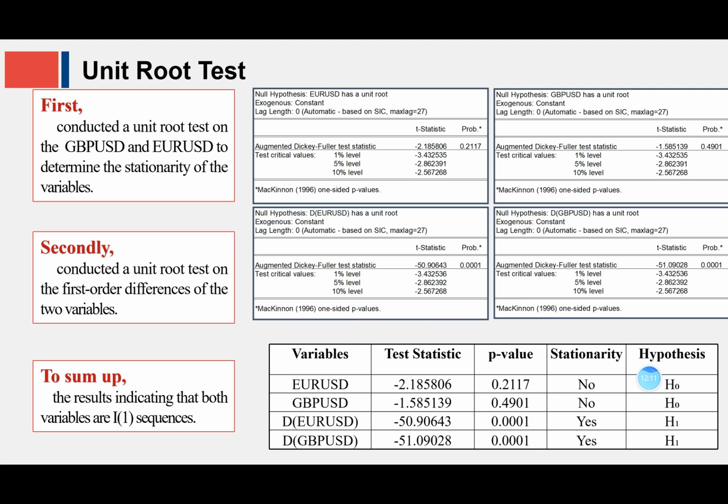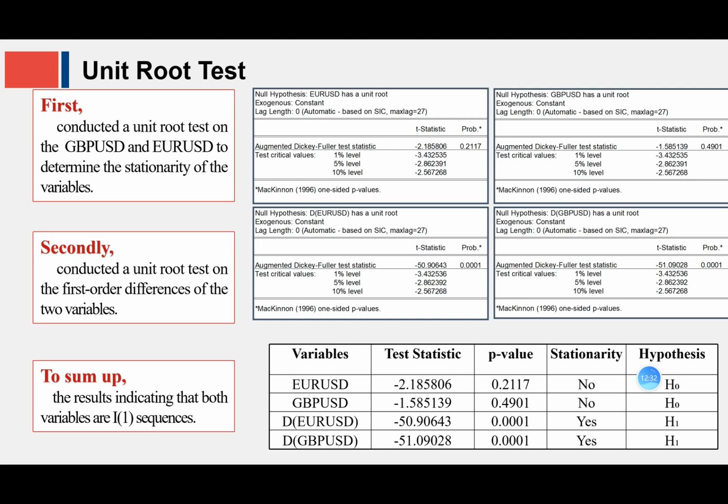So I conducted a unit root test on the first-order differences of the two variables. From the figure, we can see the t-values are all less than the critical values of the significance levels, and the p-value is 0.0001, and we can reject the hypothesis.